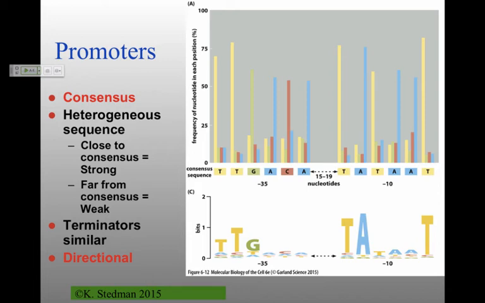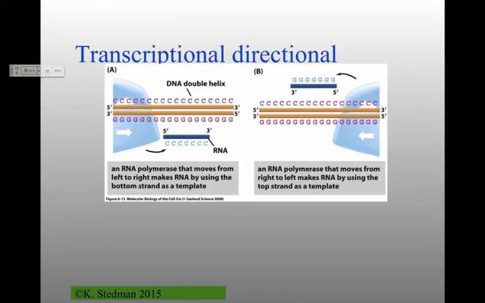Okay, so this finally gets to your question about which strands are being used. And so basically, it's going to depend on where those -10 and -35 sequences are relative to where you're going to be getting transcription to take place. And so if you think about where you're actually going to have position 1, so here's an example of position 1.